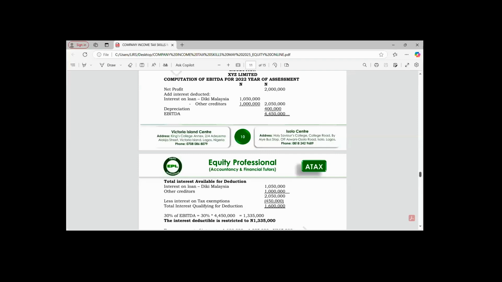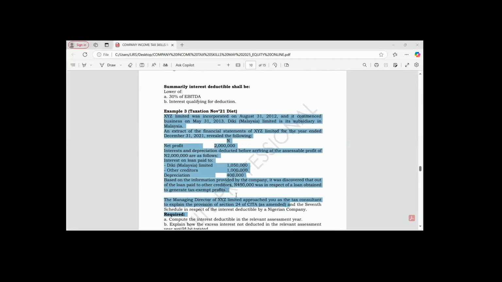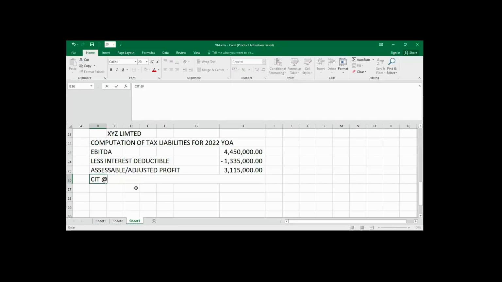In the question, we are not given information about the turnover of this company. And I told you, when you are not given information about the turnover, you assume 30%. Because the question does not give us information about the turnover, we are going to assume 30% as the company income tax rate.